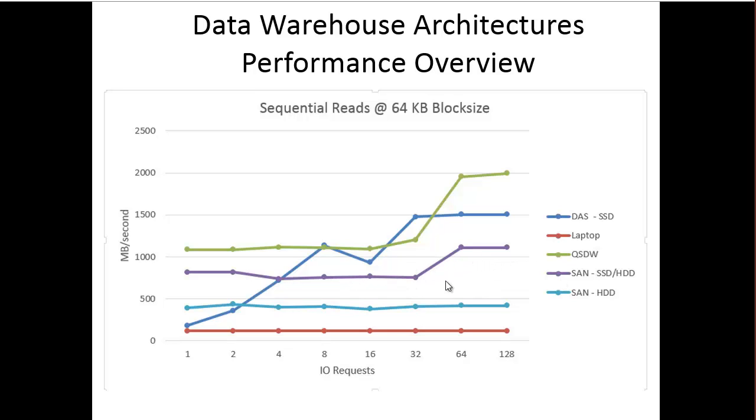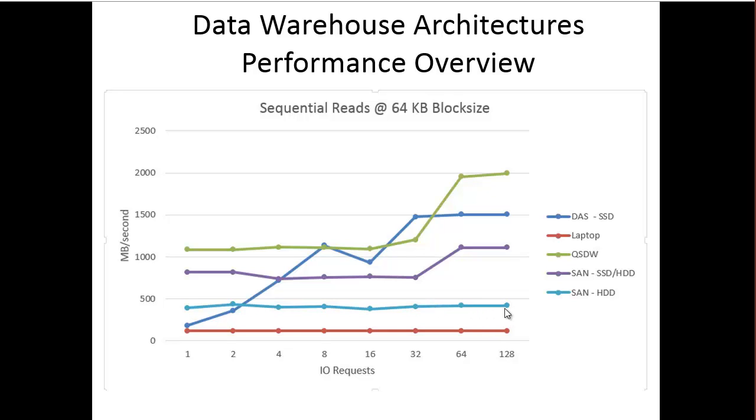The SAN, the purple one, the first SAN, is like a tier 1 SAN, very expensive, and as you can see, it only gets slightly above 1,000 megabytes, or a gigabyte a second throughput, even though this is probably on the order of 5 to 6 times more expensive than the Quick Start.